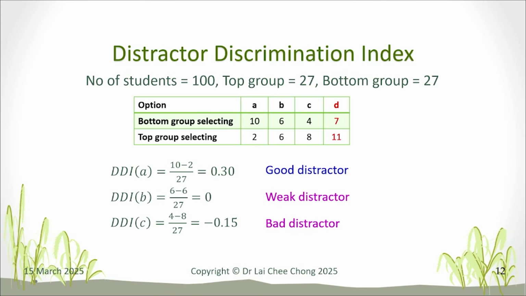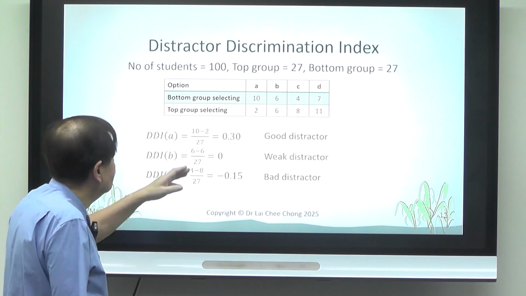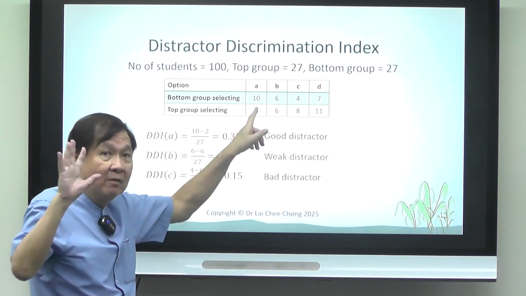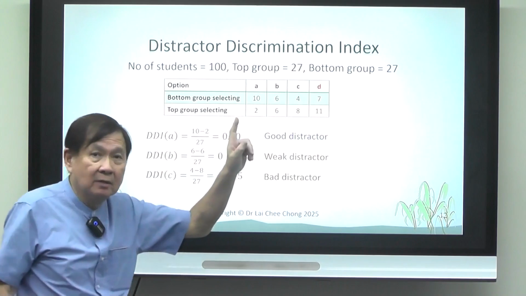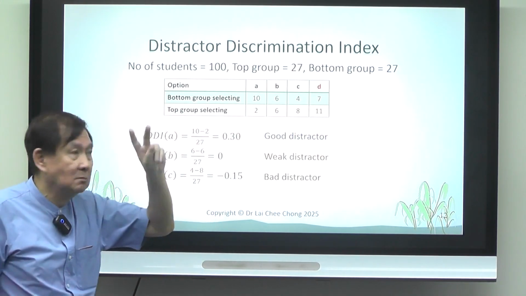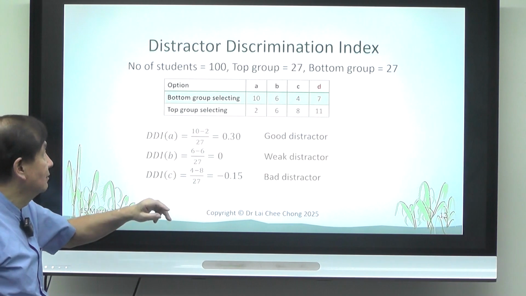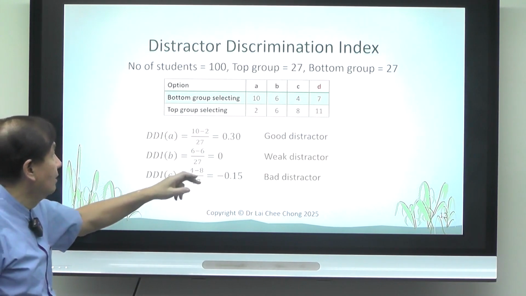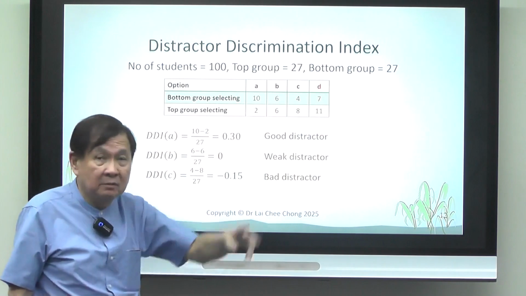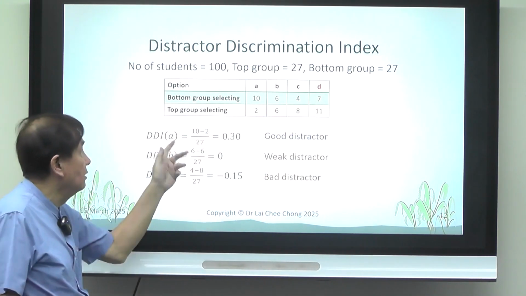Let's say the A. The bottom have 10, right? They choose A. The top group, only 2. And since I have 100 of them, my top group is about 27 of them, by the way. So 27, so I will do the calculation here.